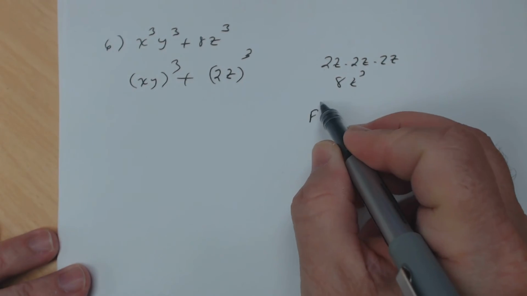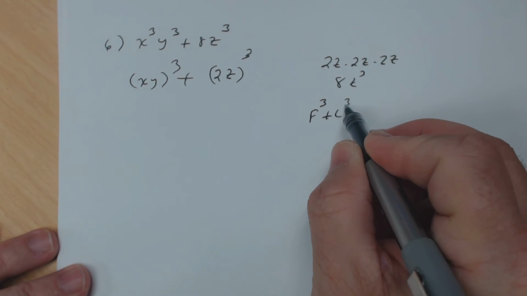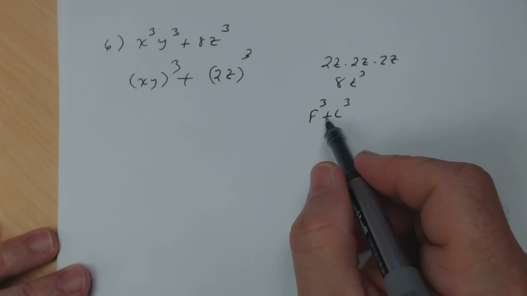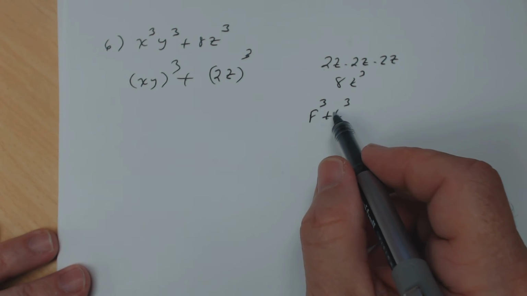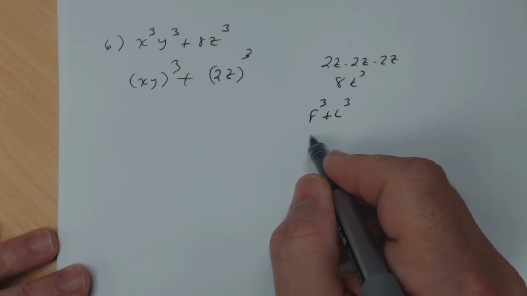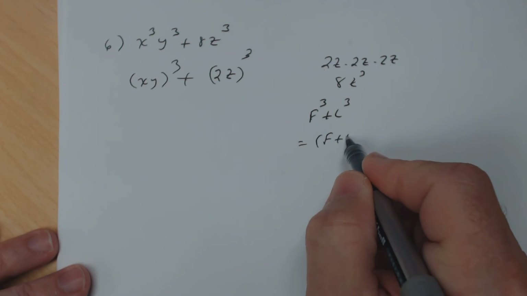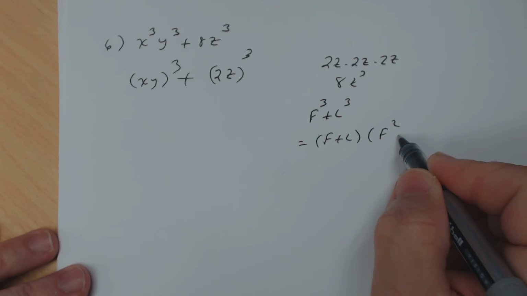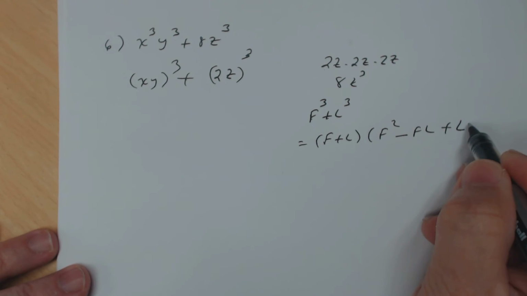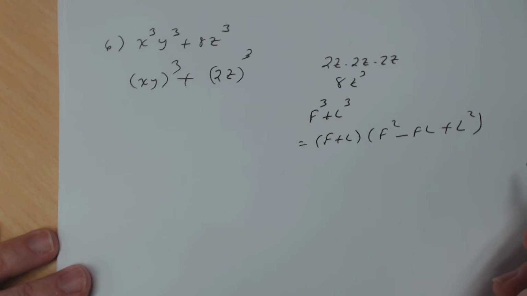So remember how you factor the sum of 2 cubes. If you go back to the formula sheet, the sum of 2 cubes, I'm going to use F and L, will be F plus L times F squared minus, when we change the sign, FL plus L squared. Okay?